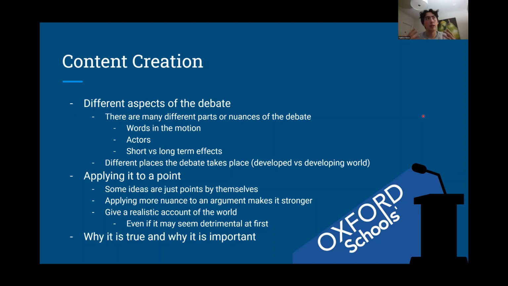But especially as you're getting more advanced, a lot of these ideas or different actors are just applying more nuance to an argument, as you're giving a more realistic account of the world, because you're understanding who's involved better, what this is likely to look like, what the incentives are, etc. Even if your more realistic account of the world is detrimental to your case, maybe it's not as good, it's better to have that more realistic account.